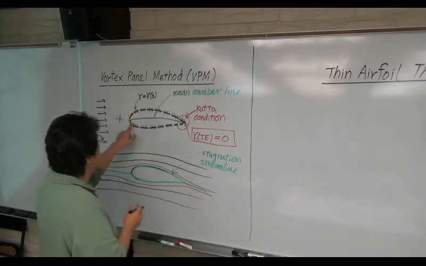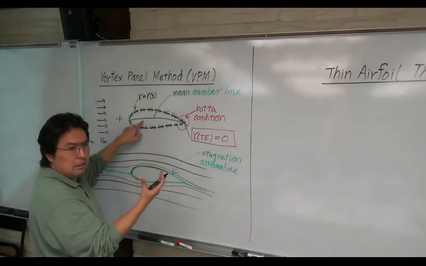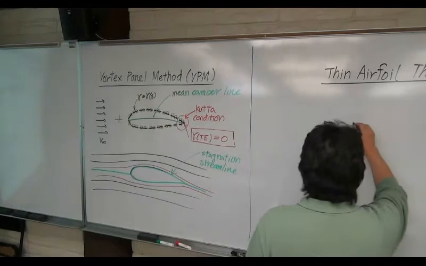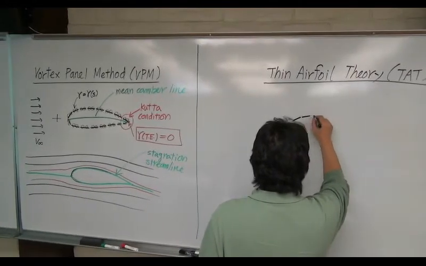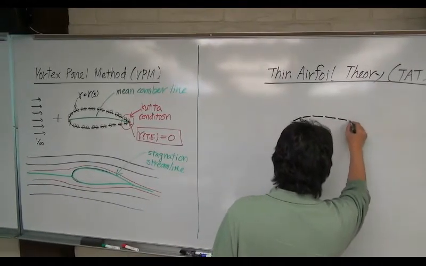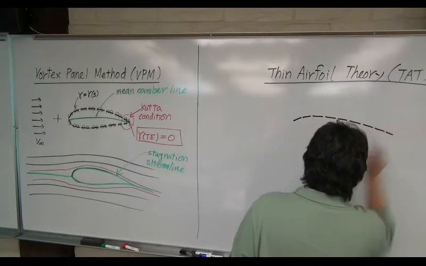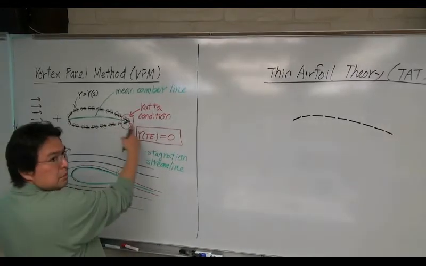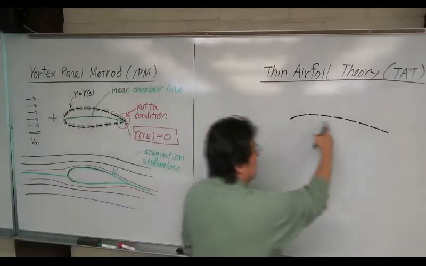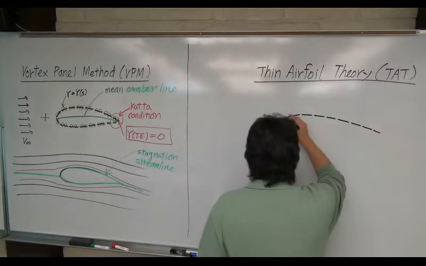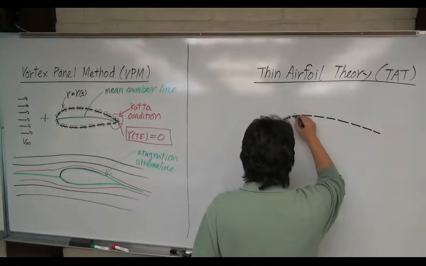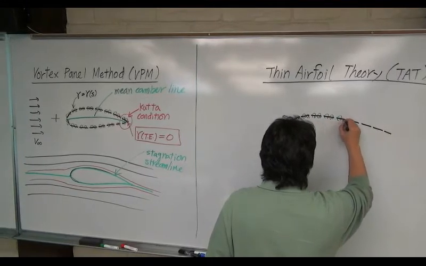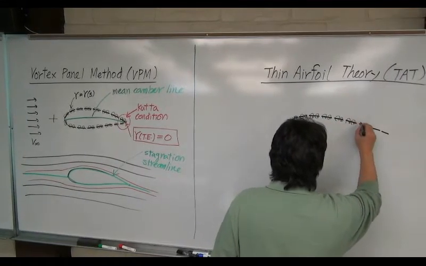I'm going to represent this mean camber line only using vortex panels. So this is the mean camber line. The mean camber line is represented by a series of panels. Each one of them is a straight panel. So you can use a number of panels to represent a curved line, which is called the mean camber line.